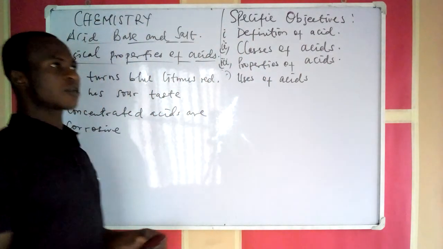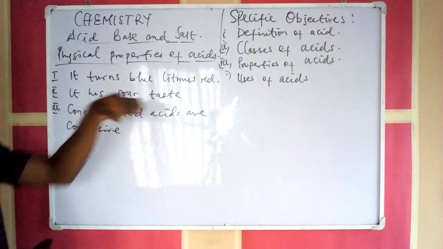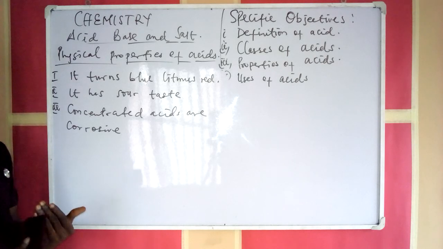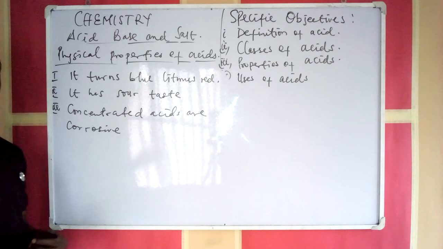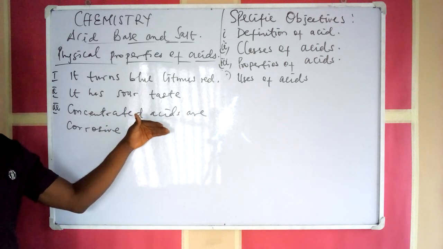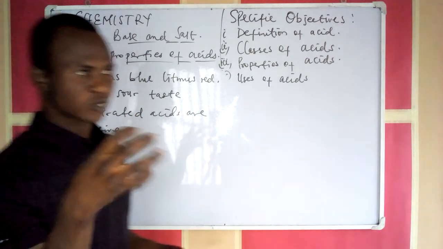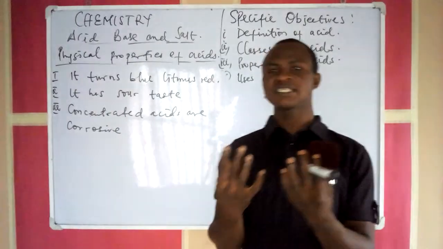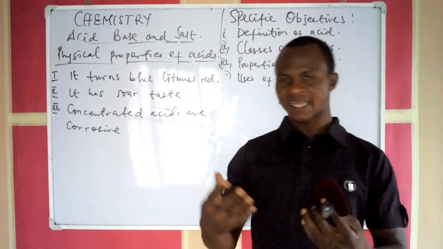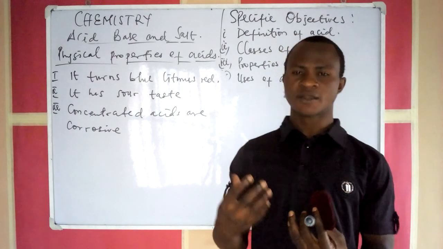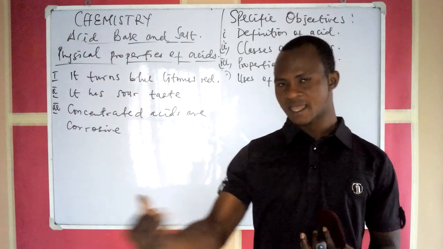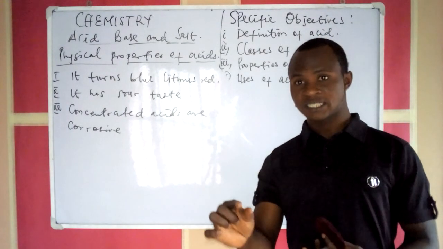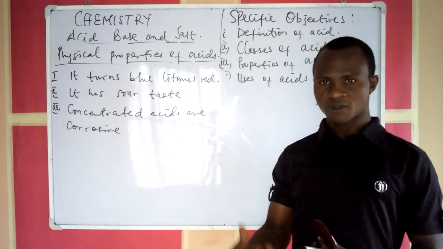That will take us to the word concentrated. There are some acids that are not concentrated, and some that are, which means we have dilute acids and concentrated acids. When is an acid said to be concentrated? When it contains larger volume or amount of acid relative to the volume of water.